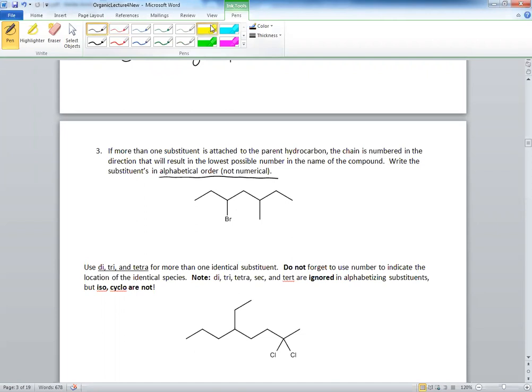So let's actually highlight some. It doesn't matter where you highlight from as long as you count in the right way. So here we go. This is your longest chain. And then I ask myself, what two groups do I have? Well, I have two substituents. I have this, and I have, of course, that here.